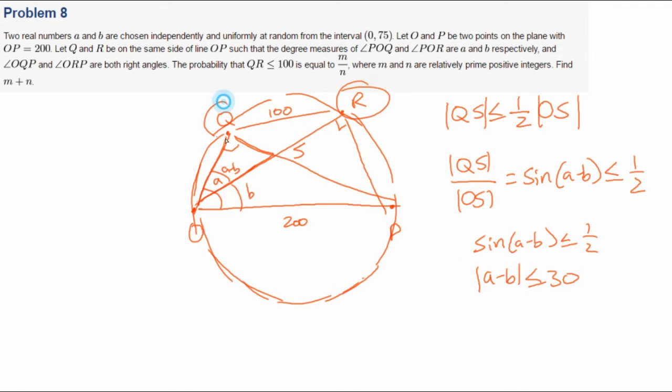Remember, Q and R can be switched in position so that B is the larger angle. It's the same reflectively. So essentially, the difference between A and B has to be less than 30.